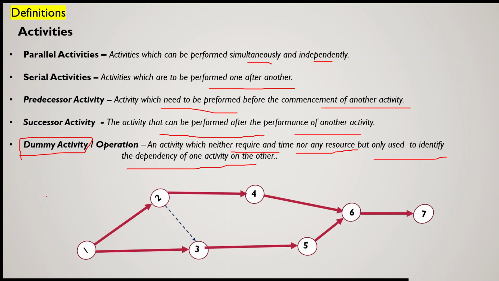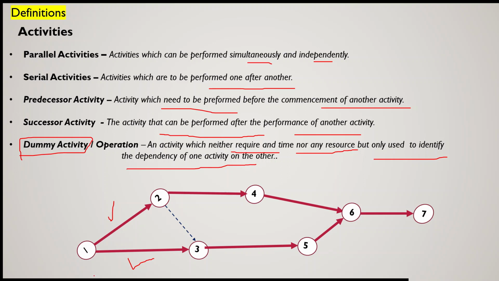Now this network diagram is connecting 7 activities, with events 1, 2, 3, 4, 5, 6, 7. So 7 events are connected by activities. The first event may be the start of the project, and the 7th event will be the completion of the project. In between, all activities are connected. Now if you see here, this activity is connecting two events 1 and 2, and similarly another activity is connected by two events 1 and 3.